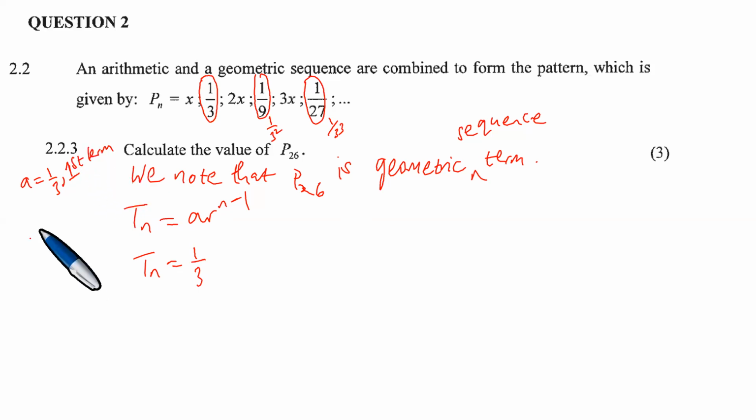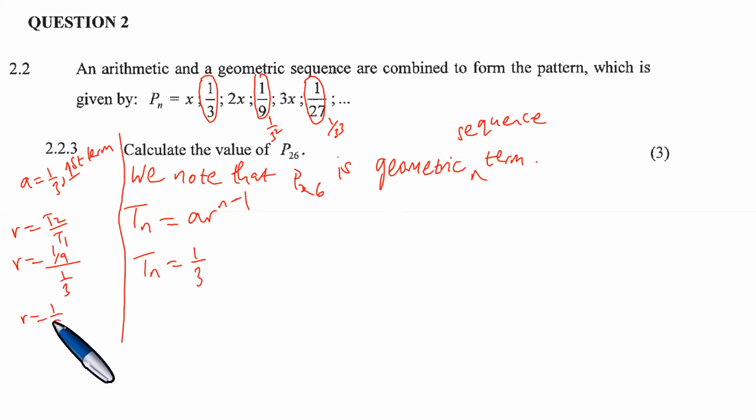term. After we got the first term, we must get something we call the common ratio, or the constant ratio, r, which is T2 on T1. What is T2? It is 1/9 on T1, which is 1/3.